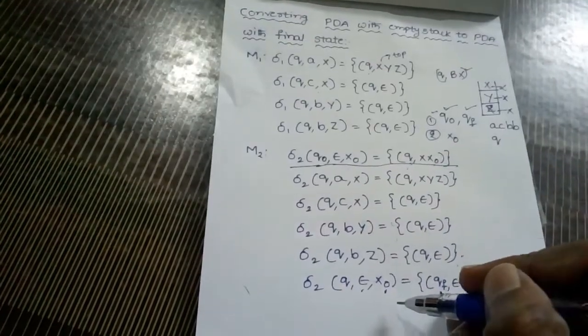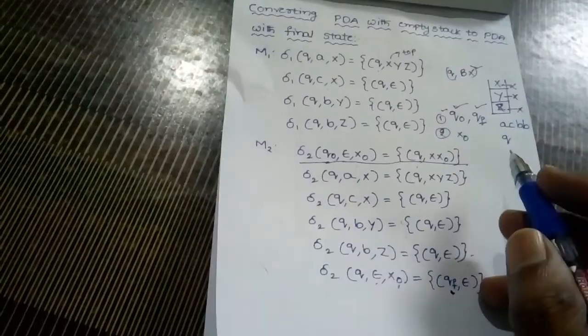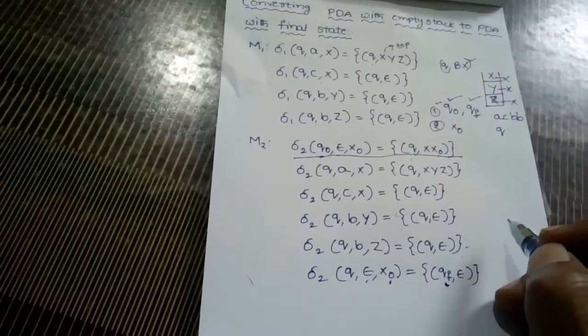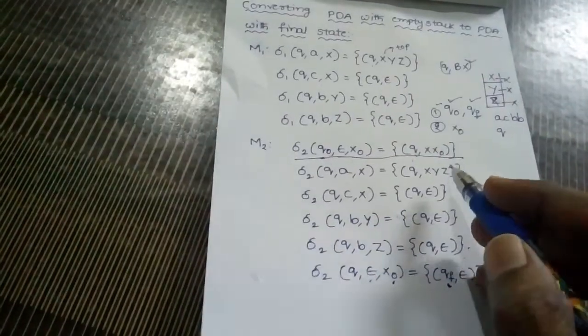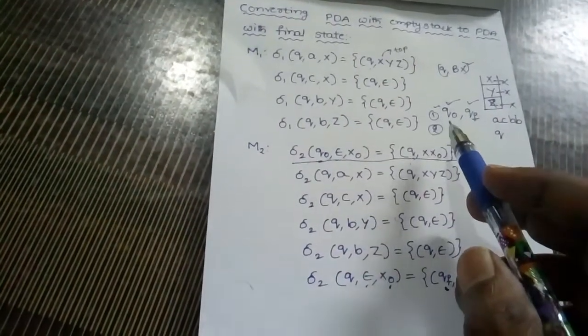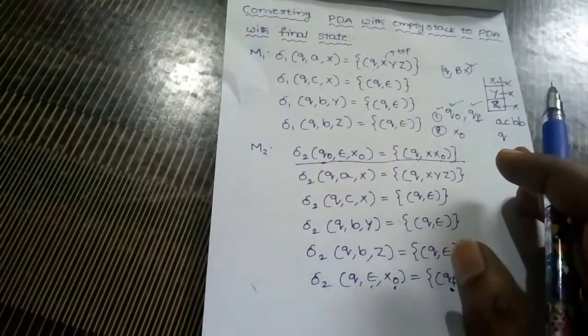So with this move we are also deleting that X naught, and it enters into the state QF, the final state. So this is how you have to convert the given PDA with empty stack to PDA with final state.